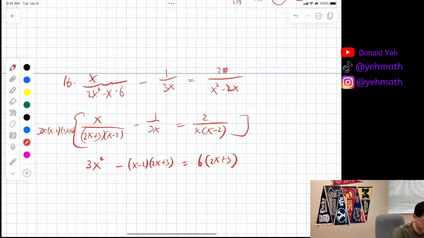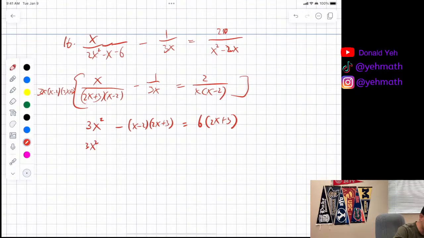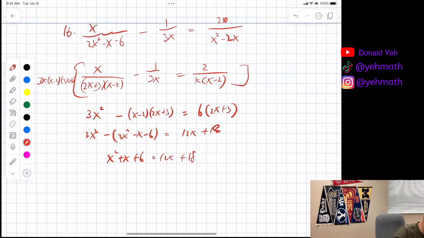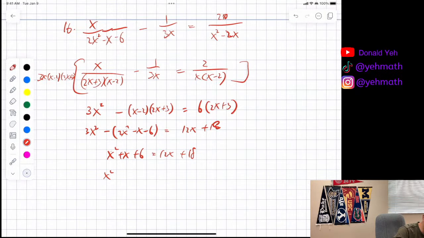And the rest of them is just math. I don't even need to do this, but I'll just do it. And hold on, this is 18. This one's going to be x squared plus x plus 6 equal to 12x plus 18. x squared minus 11x, is that minus 12?